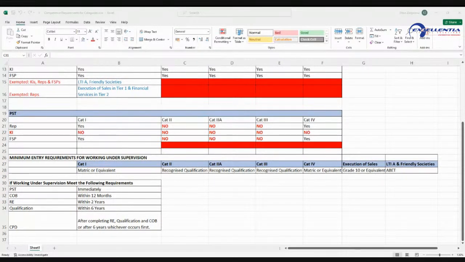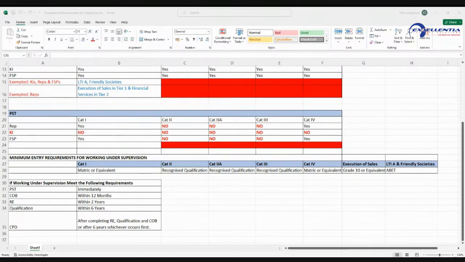You should be able to read and write and count. Here and there I've seen in practice, but please don't use this in the exam, at times they request a matric certificate. Maybe that's the only way they can prove that this person can read and write, but it's not even a requirement. You just need to be able to read and write and count.